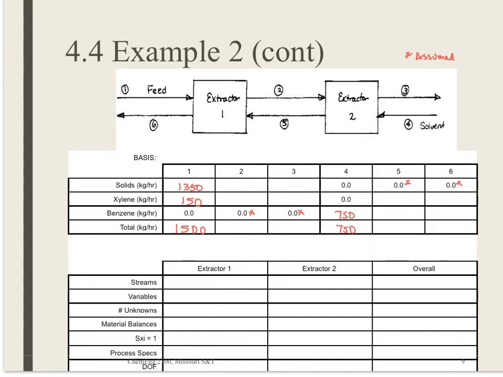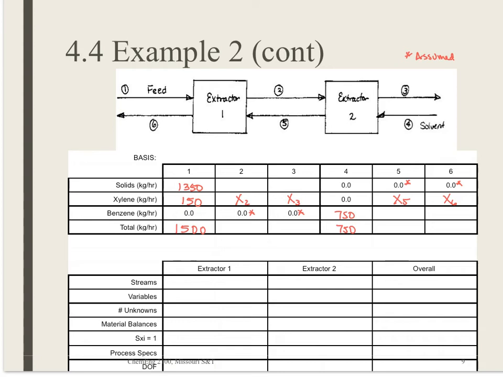So in this particular case, I want to be able to go through and evaluate all my unknowns. So I'm going to just name this x2 for stream 2, x3 for stream 3, x5 for stream 5, and x6 for stream 6, x for xylene. These are varying all the time.